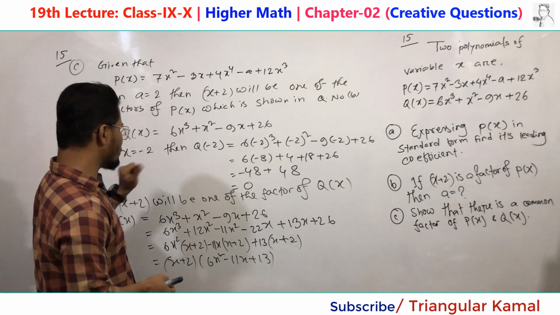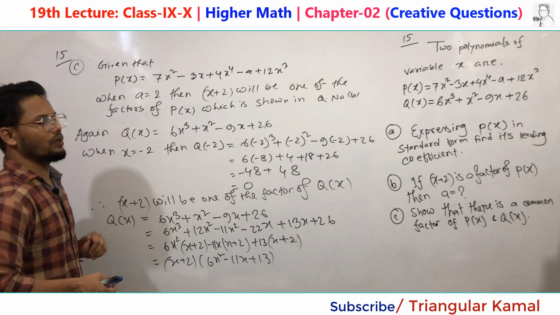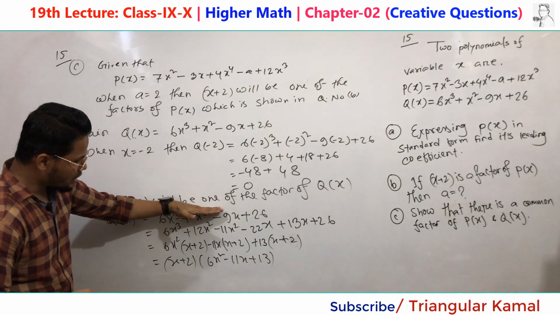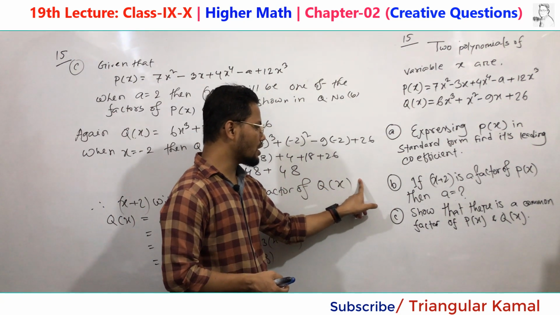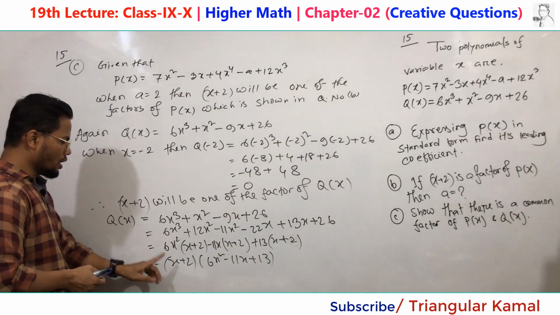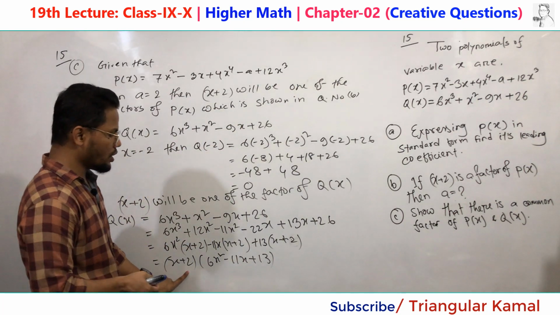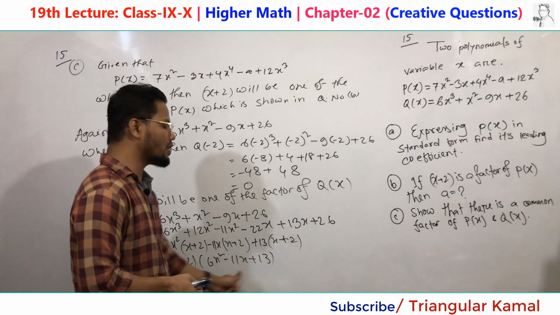So without doing this, if you write the final answer just after this line, the number C will be complete. But if you want to show x plus 2 is a factor, then you have to maintain the procedure, then find the factors.